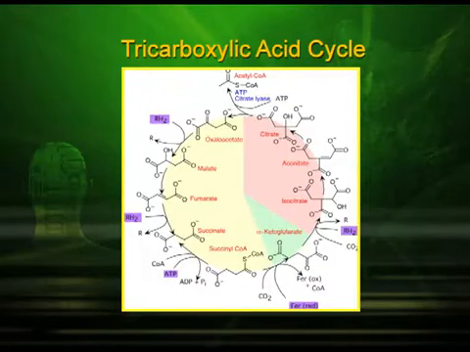This is the tricarboxylic acid cycle. It is starting with acetyl-CoA. From where did this acetyl-CoA come? The pyruvic acid, when it breaks further, gives more carbon dioxide and acetyl-CoA, and this acetyl-CoA will now enter the tricarboxylic acid cycle.